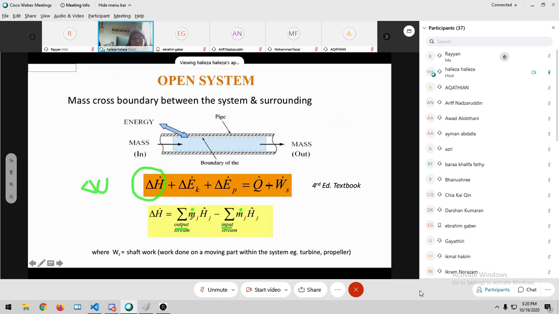So that's mass flow rate by specific enthalpy. Because your unit for enthalpy over here will be joules, for example, the previous example we have per hour. So over here, your enthalpy will be joules per kilogram.